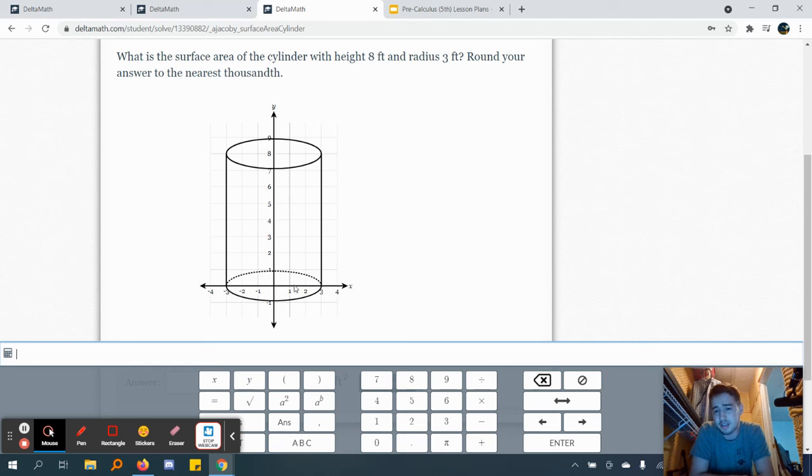Now, instead of calculating the surface area of that can, what if you just unfolded that paper and found the lateral surface area, meaning the surface area that's not the top or the bottom? Then you would treat all the way around the circle as the width of a rectangle. And you would just treat the height of the can as the height of the rectangle. And you know how to solve that.